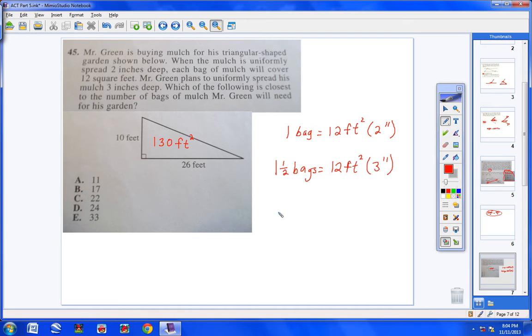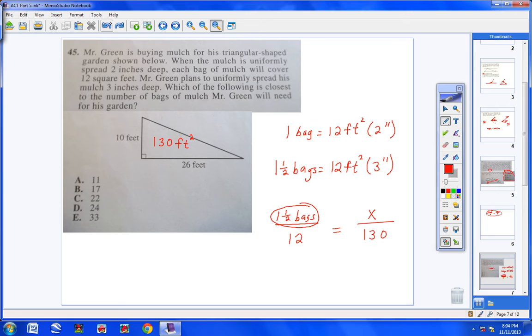So I'm going to make a quick ratio and just solve this. I'm going to say, okay, for every 1.5 bags, I'm going to get how many square feet? 12 equals how many square feet do I need to cover? 130. So how many bags would I need? That's my X. Notice I kept bags up top, square feet in the bottom.